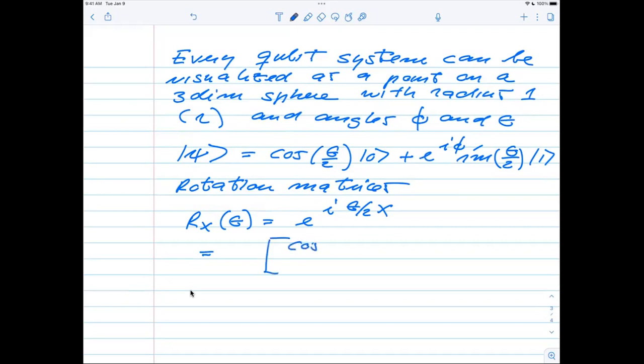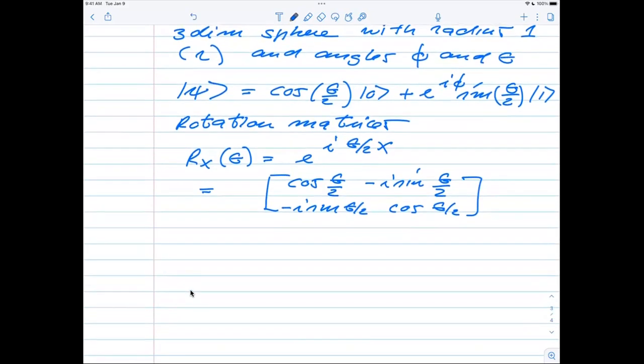It's cosine of theta half, minus i sine theta half, minus i sine of theta half, and then cosine of theta half, which we again rewrite in the following way. This is just cosine, and you will see that in the code which we have here, multiplied with the identity matrix, minus i times sine of theta half, multiplied with the x matrix.